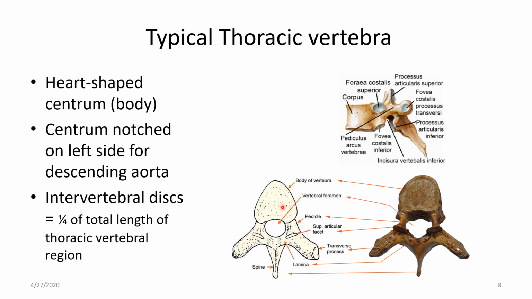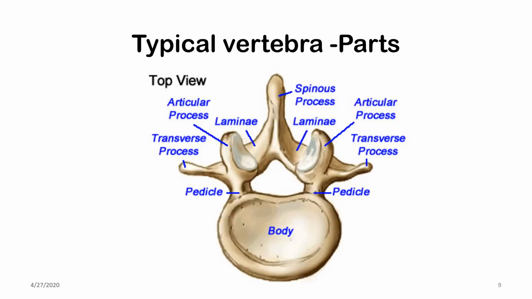So 1/4 of total length of thoracic vertebral region is contributed by the intervertebral discs. So the parts of the typical thoracic vertebra, now you are familiar. The body, the pedicles, the transverse processes, the articular processes, the laminae, and the spinous process posteriorly.